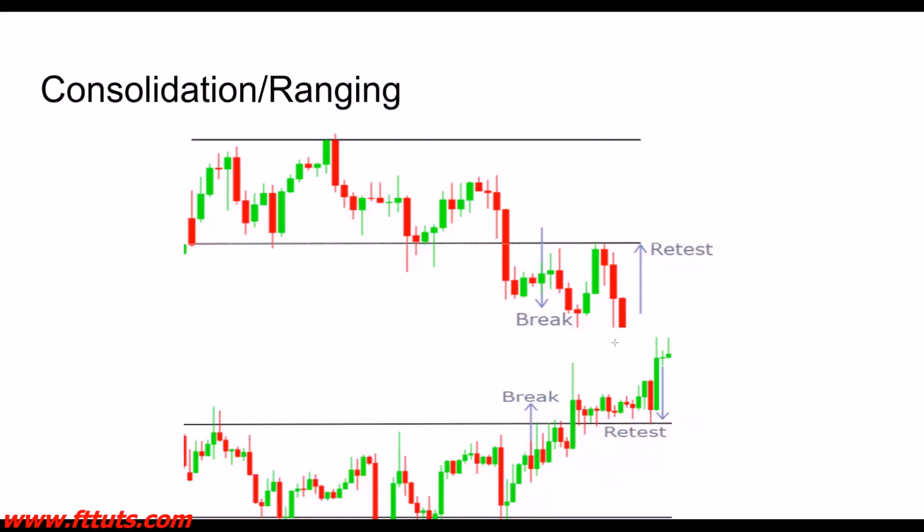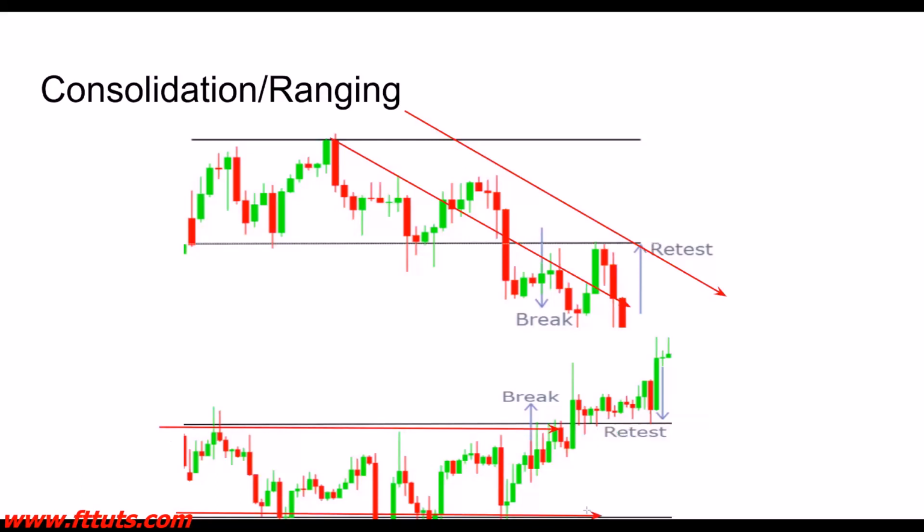If you think logically, and I say this all the time, if you brought a 10-year-old child to the charts and said, look at this market here, what is the market doing? They're going to say down. If you say to them, look at this market here in this box, what is it doing?